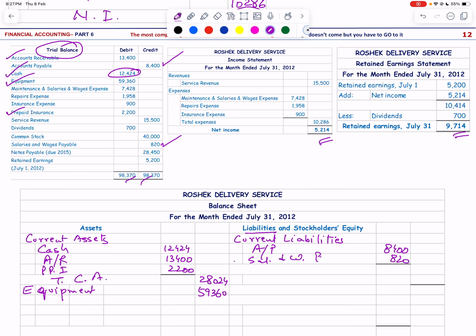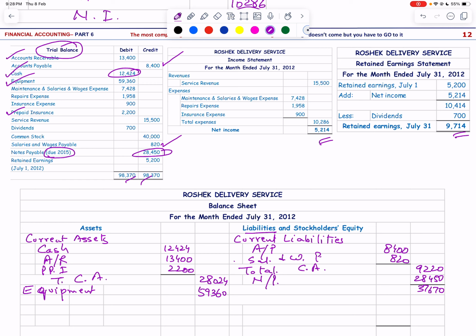So we make the total, and the total current liabilities will be 9,220. To this we are going to also add the notes payable, and this is classified as long term because this is for the next year. So we have the notes payable, and the notes payable is 28,450. So that is equal to 37,670.